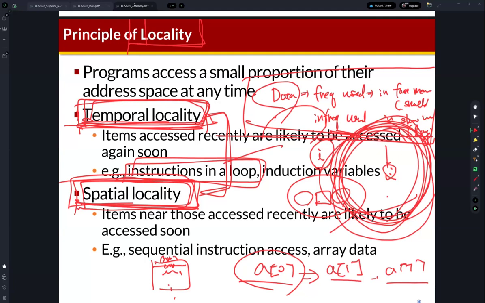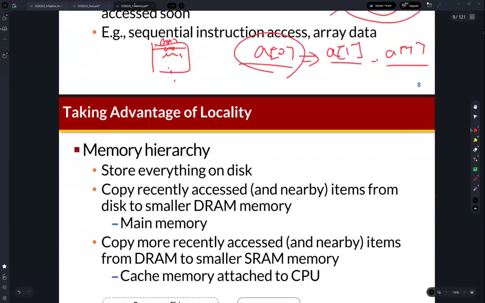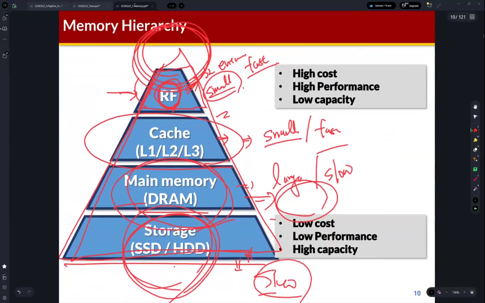If the frequently accessed data can be found in the best memory, then we can improve the performance, right? So we use the memory hierarchy.